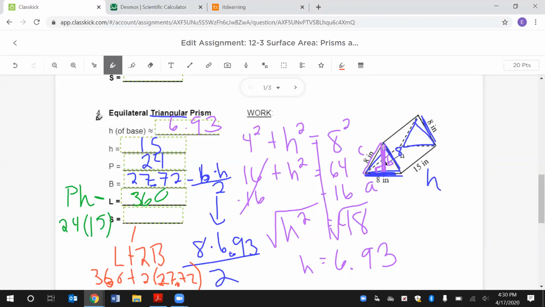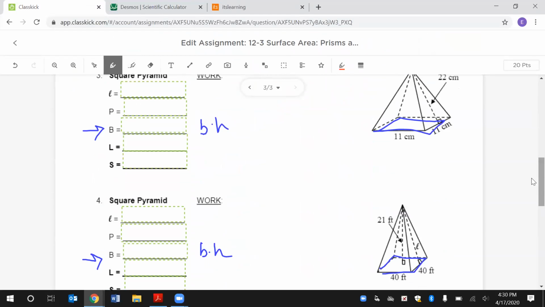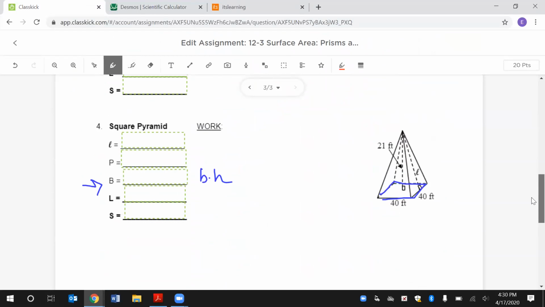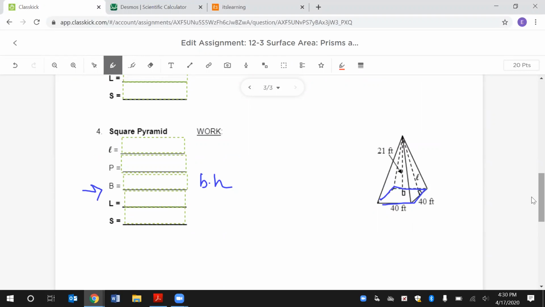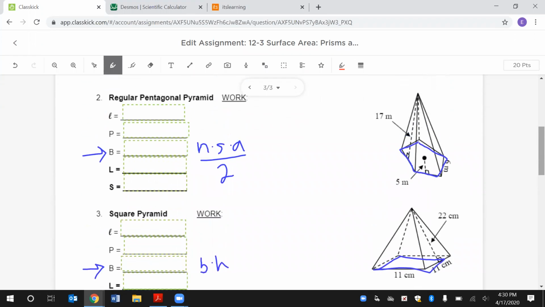All right, and then I'm also doing number 4 on the last page, on pyramids. So this one right here. Again, it's just a little bit harder because you have to solve for the L. The cursive L is not given to you like it is on the other pictures.